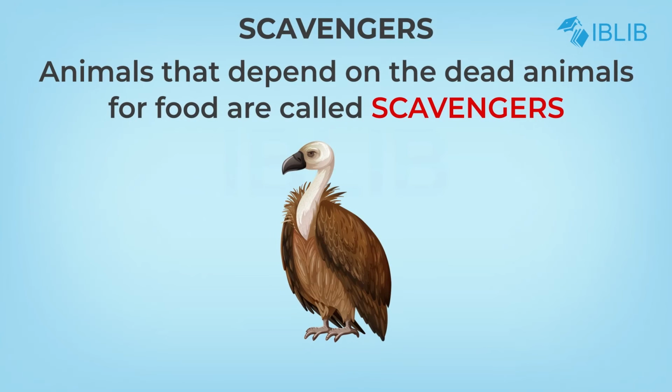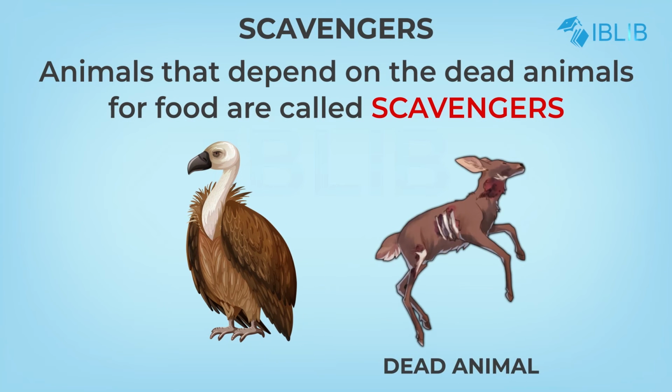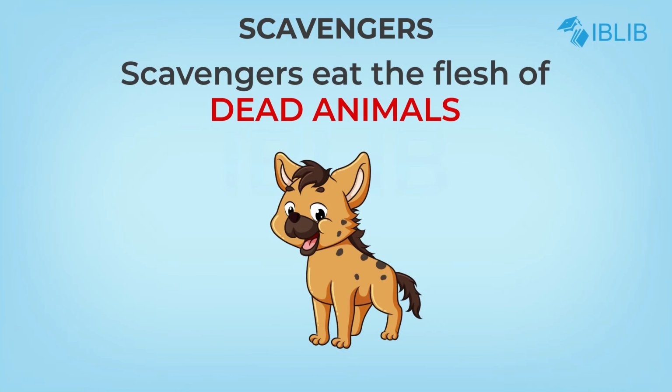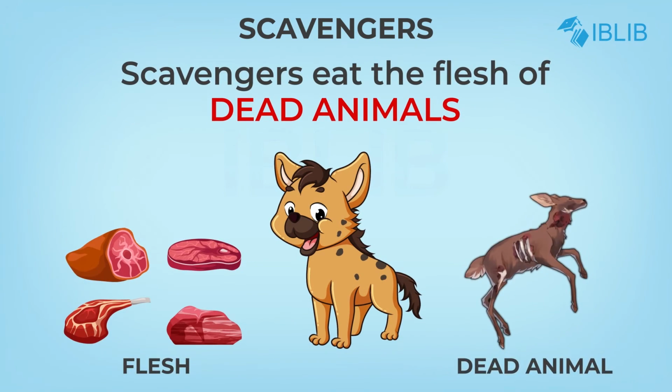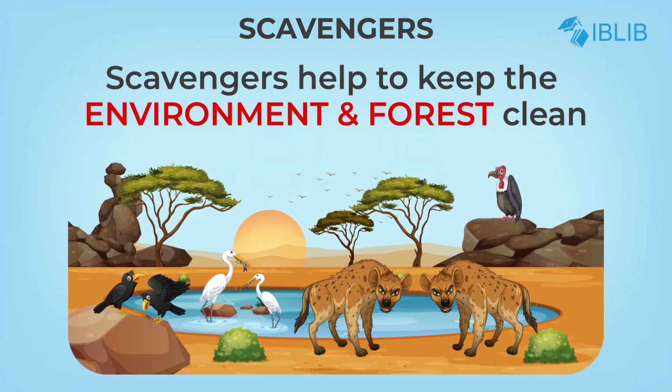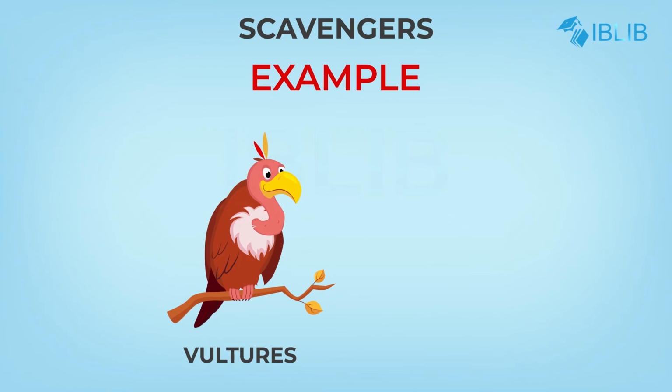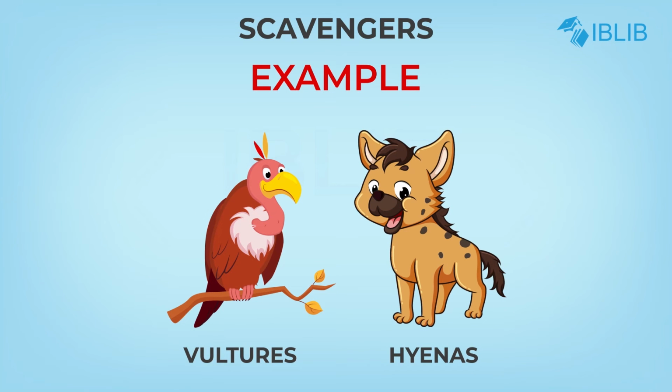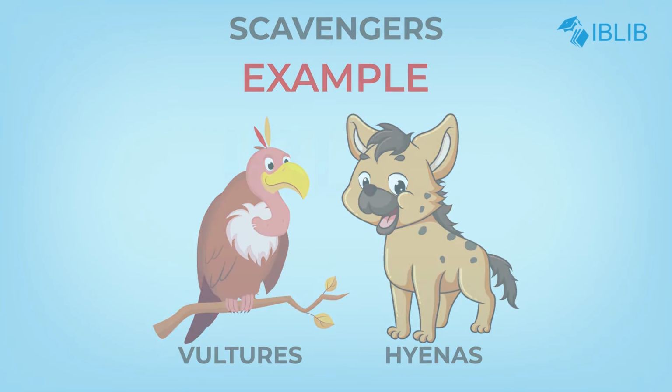Scavengers. Animals that depend on the dead animals for food are called scavengers. Scavengers eat the flesh of dead animals. Scavengers help to keep the environment and the forest clean. Vultures, hyenas are some scavengers.